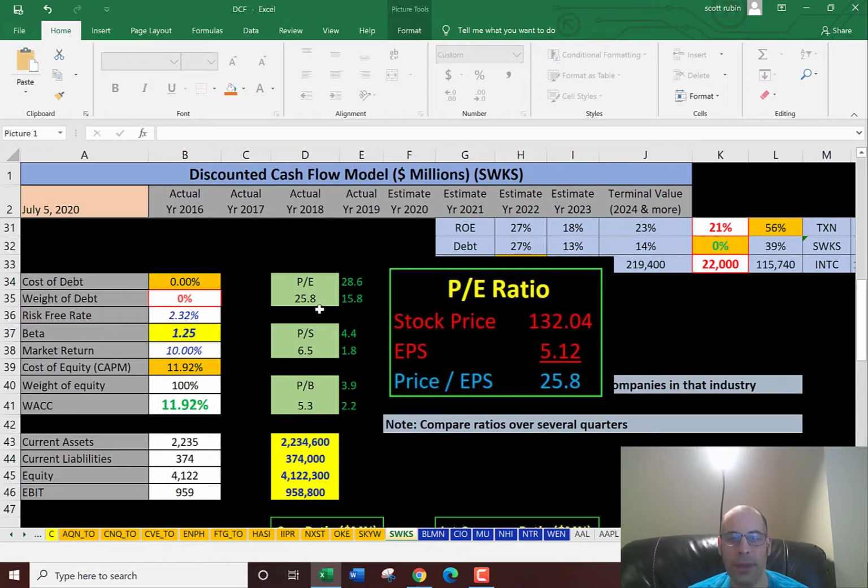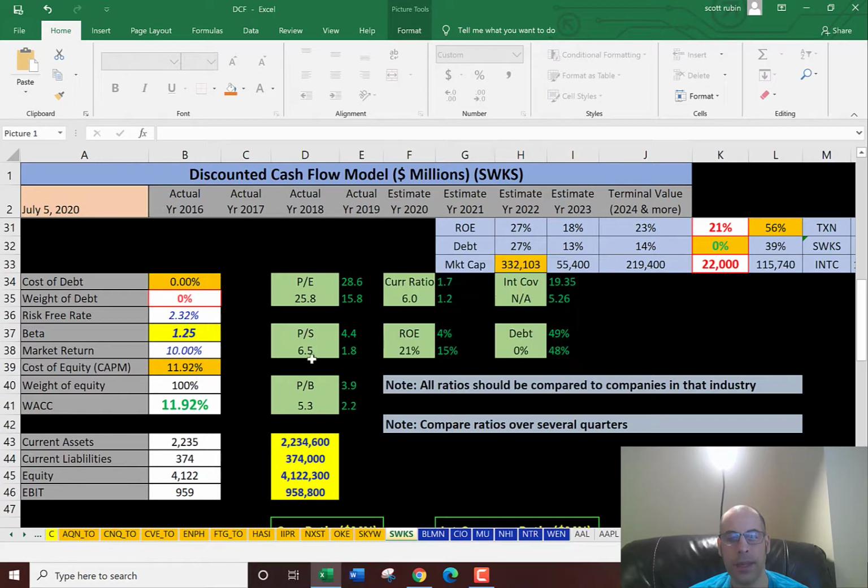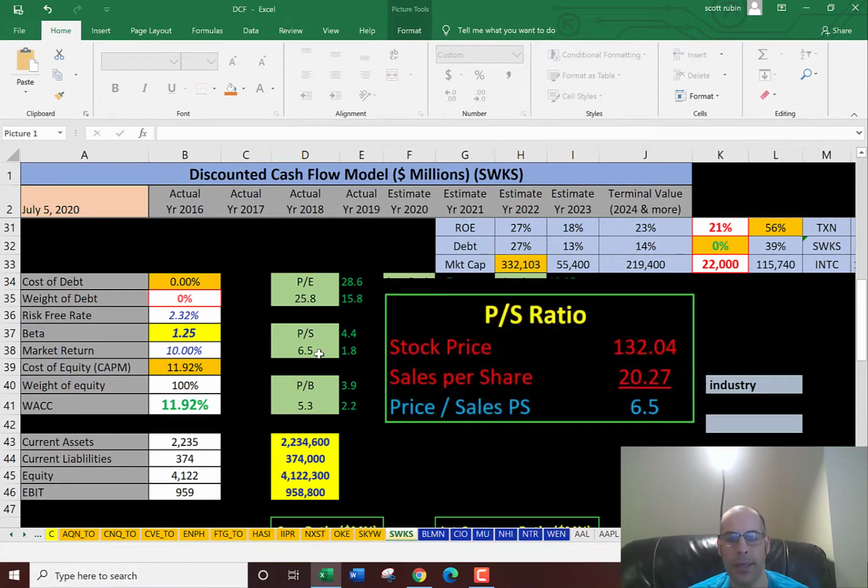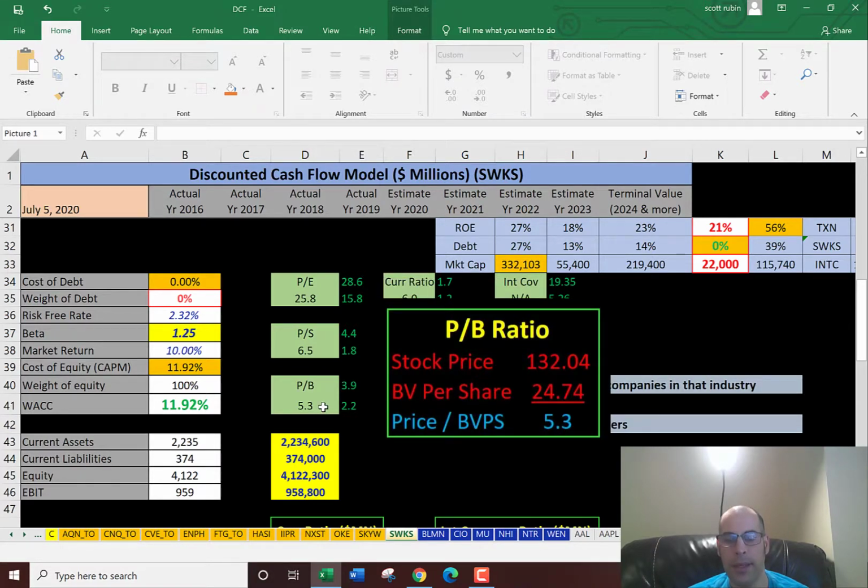That means investors are willing to pay $26 for $1 of earnings. I generally like to see under 15 for this ratio. They also have a high price to sales ratio of 6.5. That's price of stock over sales per share. And the price to book is a little on the higher side as well at 5.3. That's price of stock over book value per share.